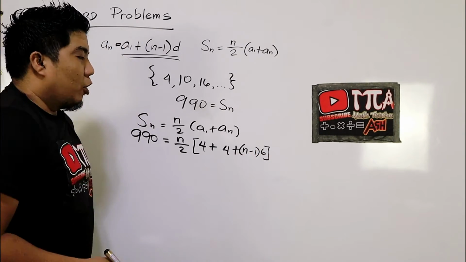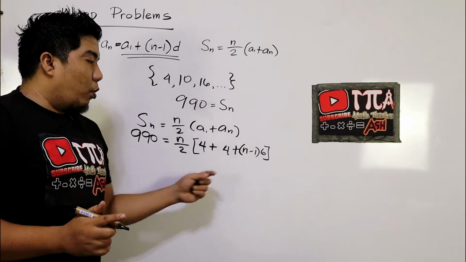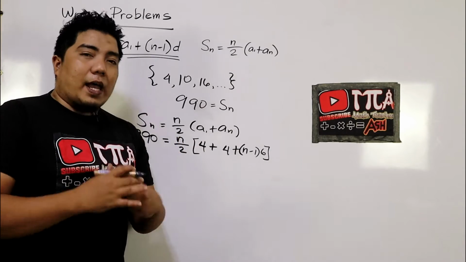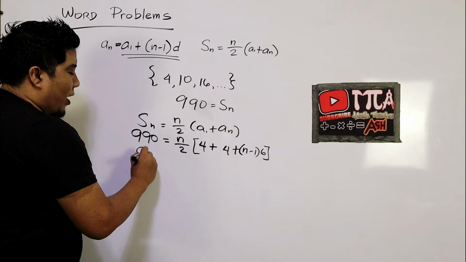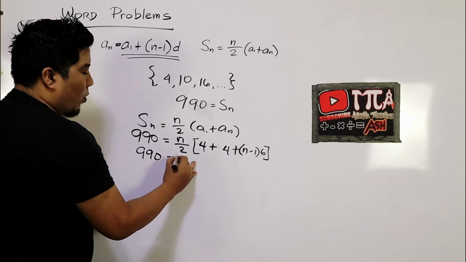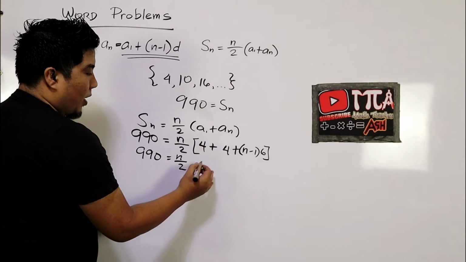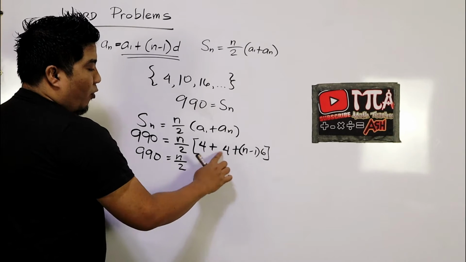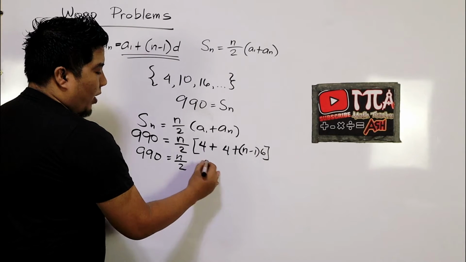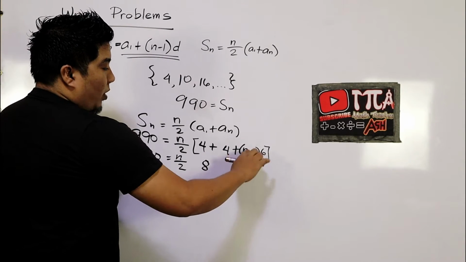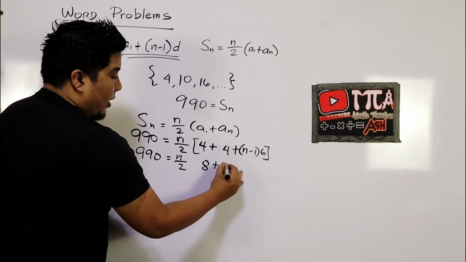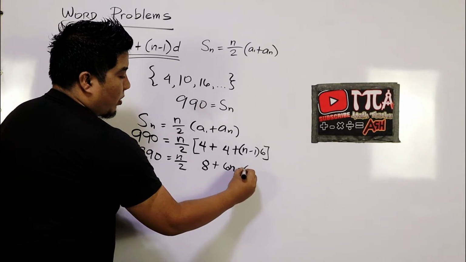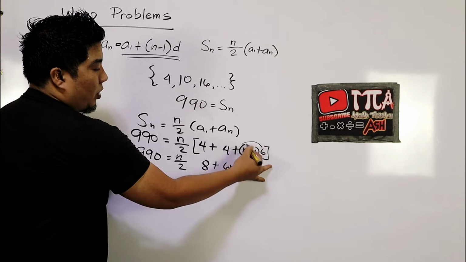Now, as you can see, we only have one kind of variable, so we can solve this problem. By doing so, we have 990 is equal to n over 2. Then we simplify this one. 4 plus 4, that is 8. N minus 1, so the 6 will be multiplied to our n minus 1, giving us 6n minus 6, because we distribute here.